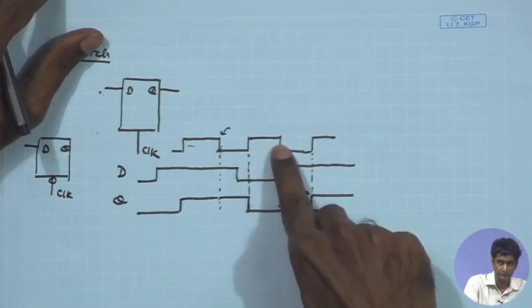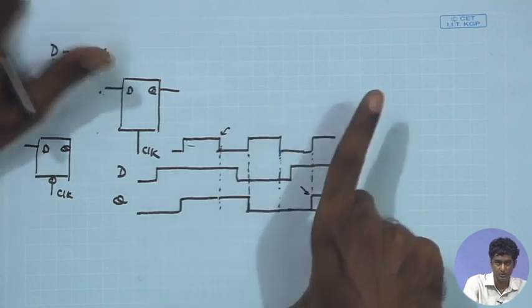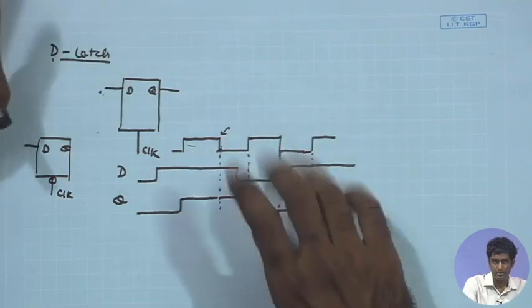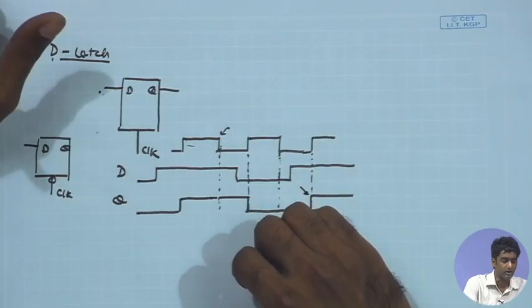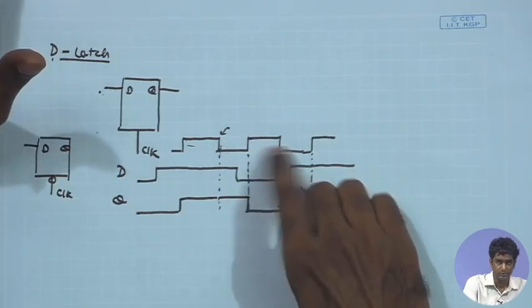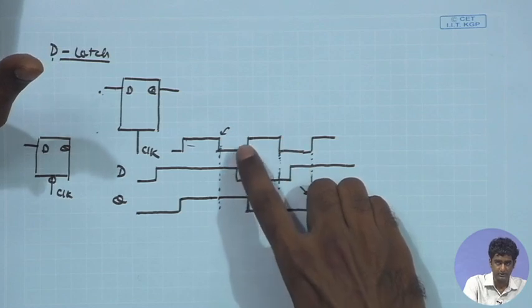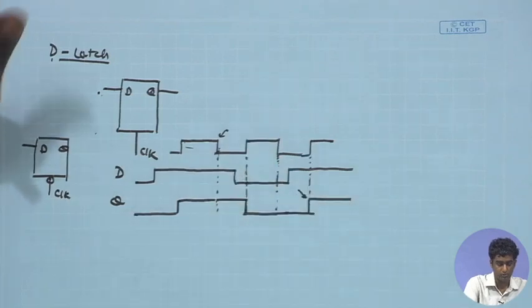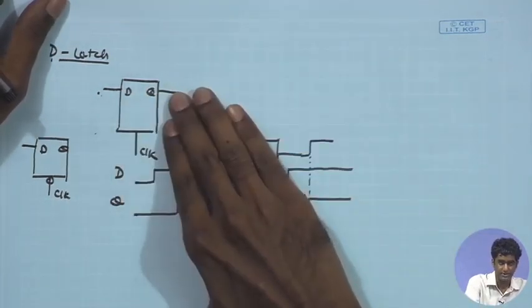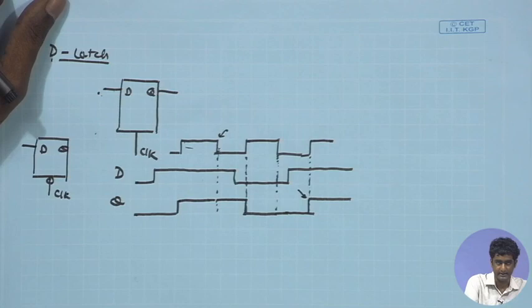At any point during the positive phase of the clock, if the data is changing, Q will also change. But for the counter operation, we need an edge sensitive block where the transition is going to be confined only to the transitions of the clock. Whenever there is a 0 to high transition in the clock, only at that instance the data should be latched to Q, or the Q should be changing the state.